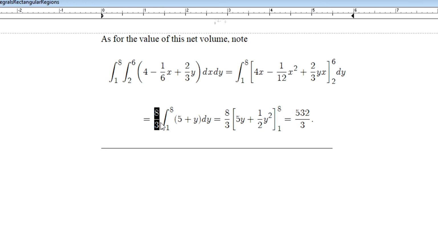Now that 8/3 is going to be a constant multiple, and I bring that out in front as a constant multiple in the calculation, where then I can just consider calculating 5 plus y. Keep in mind what that is. That 5 plus y is that net area function that we had learned about initially as our single integral calculation that happened with respect to x.